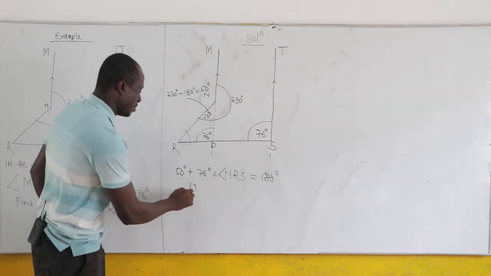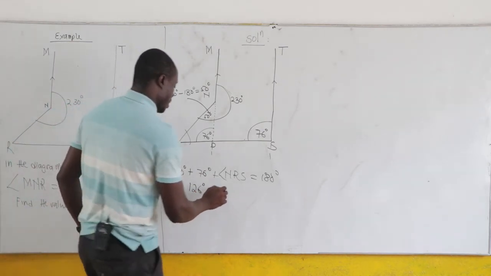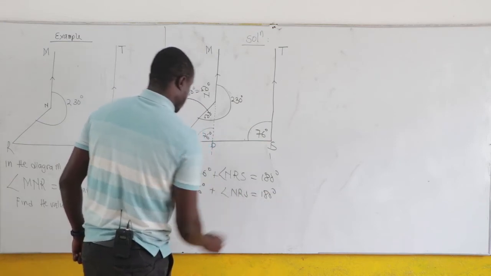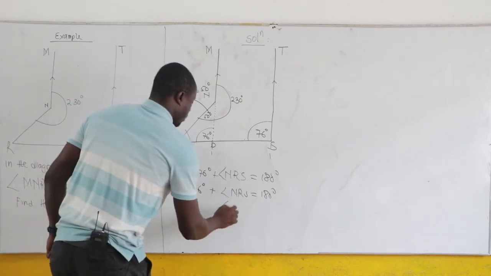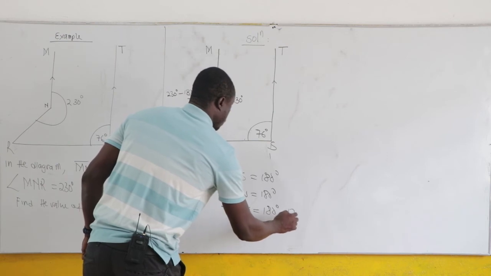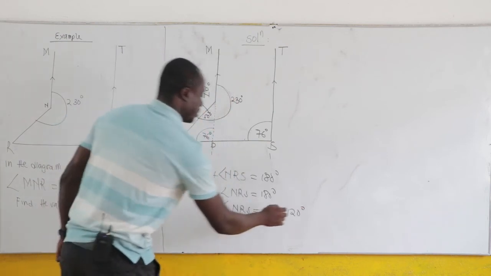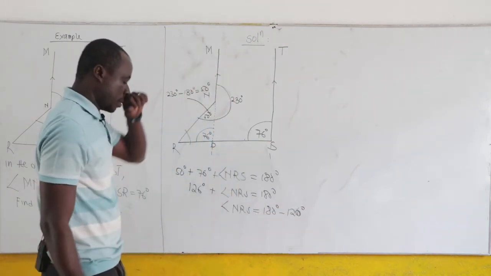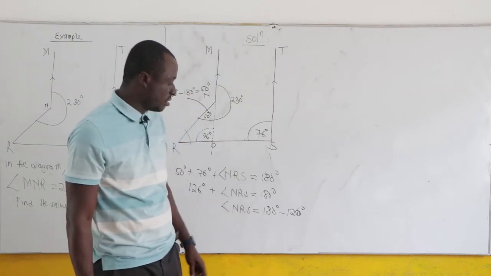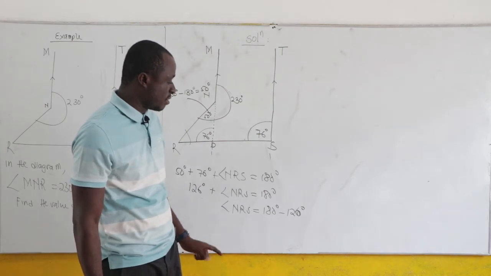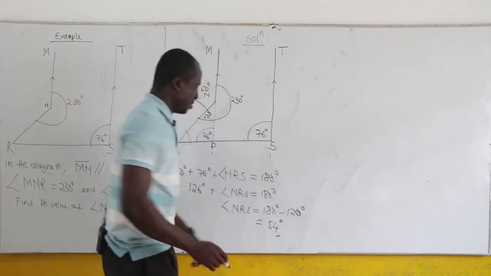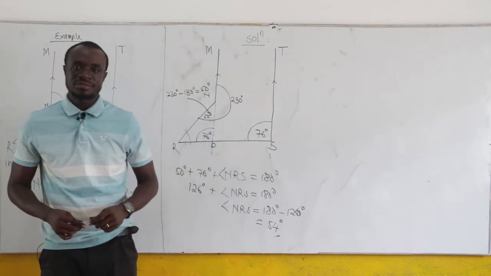This is just 126 degrees plus angle NRS equal to 180 degrees. So we have our NRS equal to 180 degrees minus 126 degrees. Now let's see, 180 minus 120, that is 60. So 60 minus 6, that's 54. So the angle is 54 degrees. This is very, very easy.